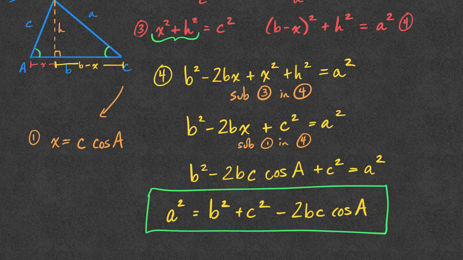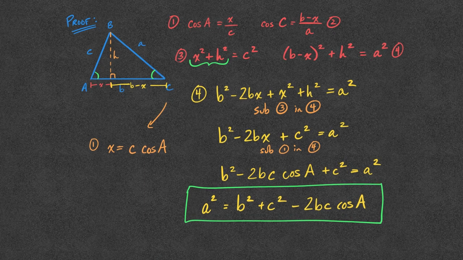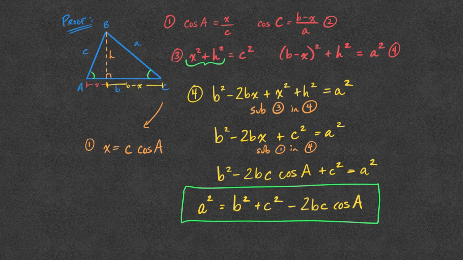And that is what you need to burn into your brain. Whew. Yes, that is a doozy. Okay, I'm going to go back and put that entire proof on the screen for you. We should hopefully understand where cosine law comes from now.